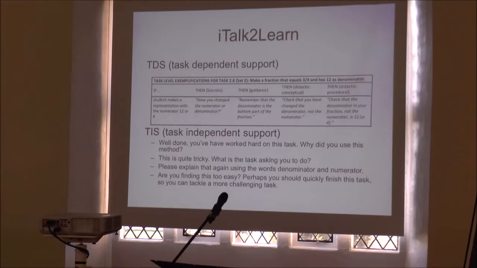The examples here would be, again, have you changed the numerator or denominator? Remember that the denominator is the bottom part of the fraction. Focusing on particular misconceptions that students have. And the task-dependent support also has a gradual specificity, reaching a very didactic kind of hint that would say, check that the denominator in your fraction, not the numerator, is 12.